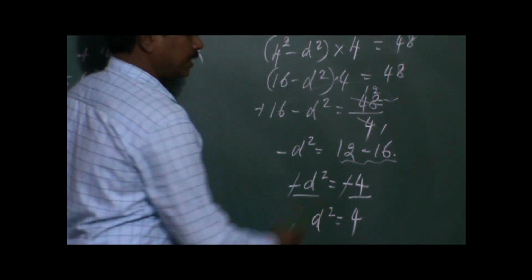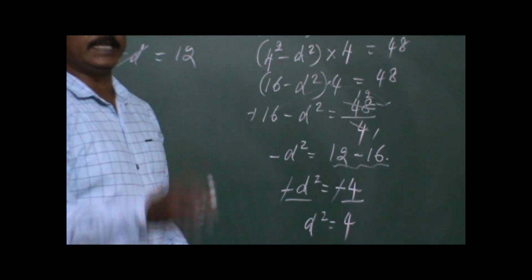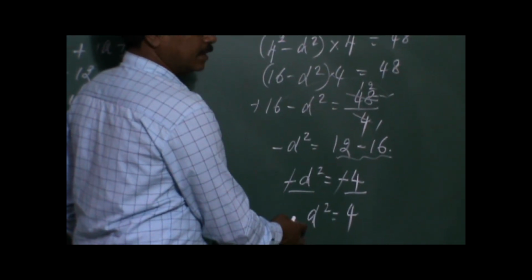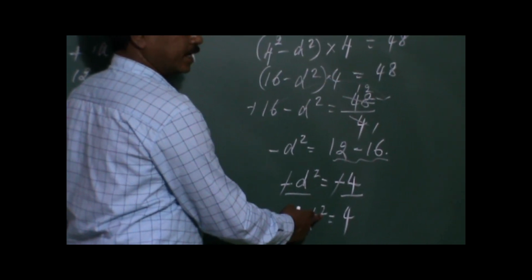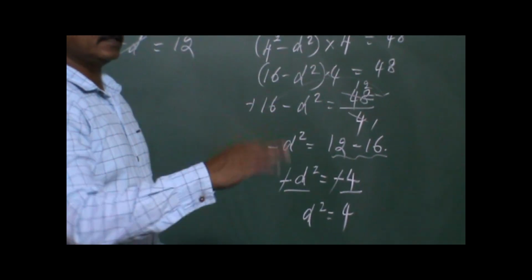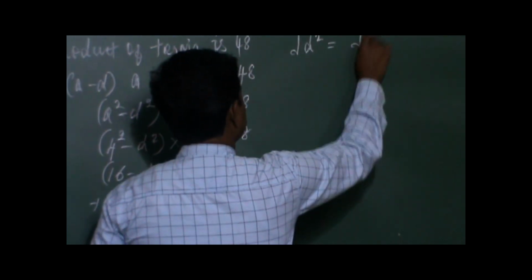Right. So do we need the value of d square or d? We need the value of d. Therefore, if you want the value of d only, then you have to remove this squaring. The opposite process of squaring is taking the square root. So take the square root on both sides. D is equal to the square root of 4.